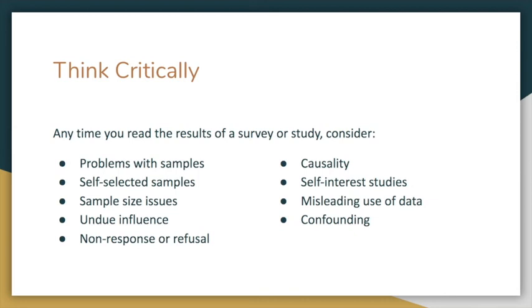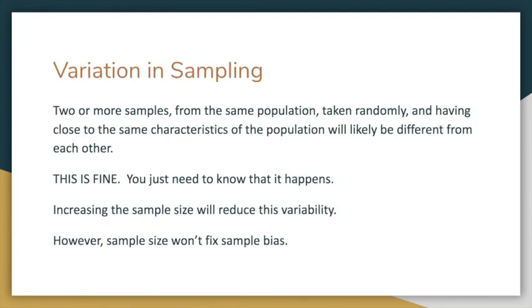Anytime you encounter a statistic in life, you need to think about, where did this data come from? Who created this sample? Who paid for it? What are they trying to prove? And what could be some issues with the statistics that you're seeing? Critical thinking is a really important part of what we do.